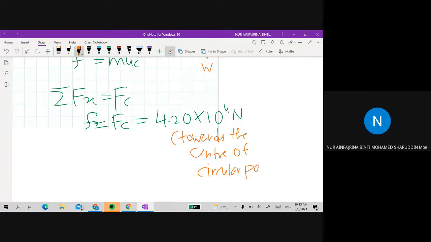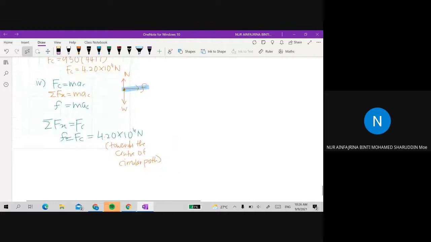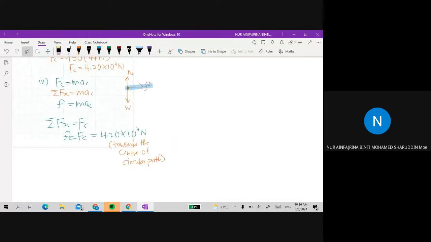Okay, boleh? Tak ada masalah kalau awak tak tunjuk jalan kira yang panjang-panjang. Tetapi if awak nak tunjuk, no problem. Awak tunjuk je lah. So kita start dengan benda yang sama. Centripetal force equals to mass darab dengan centripetal acceleration. Summation of force in x component sama dengan mass darab dengan centripetal acceleration.